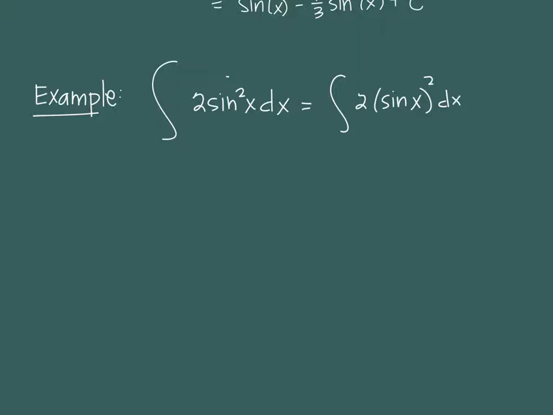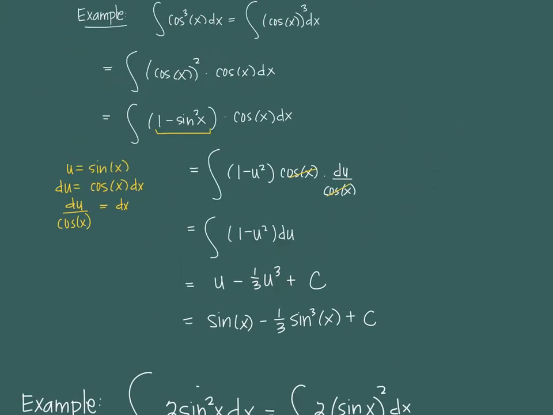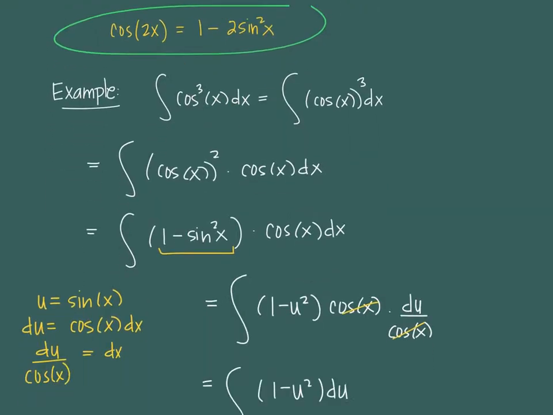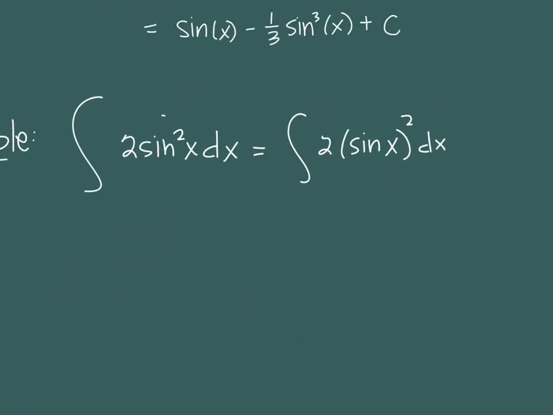So 2 sine squared is going to come back to, and I'll scroll up, this second identity right here. There's 2 sine squared right there. If I isolate 2 sine squared, I've got the identity 2 sine squared equals 1 minus cosine of 2x.